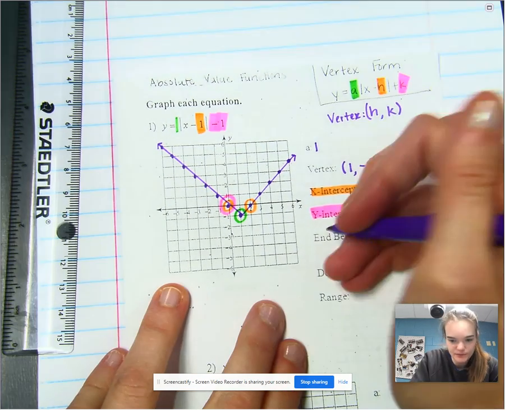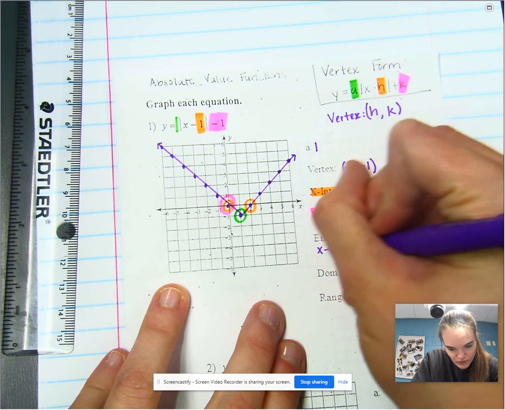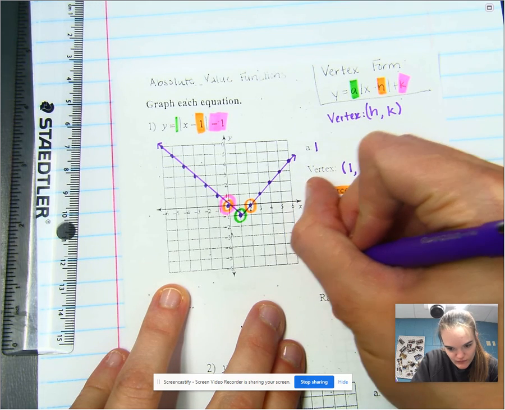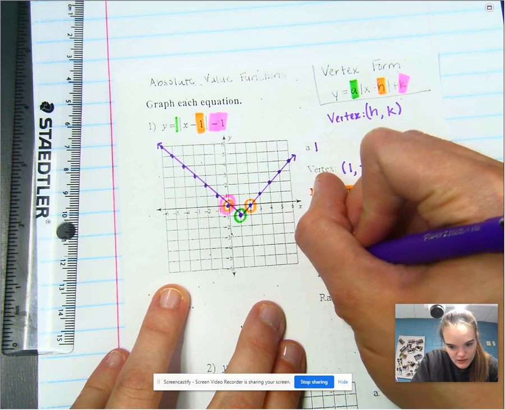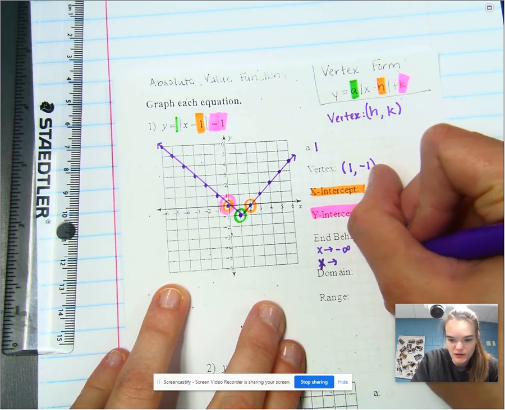All right, end behavior. When x goes towards the negatives, x approaches negative infinity, and when x approaches the positives. That should say y and y.